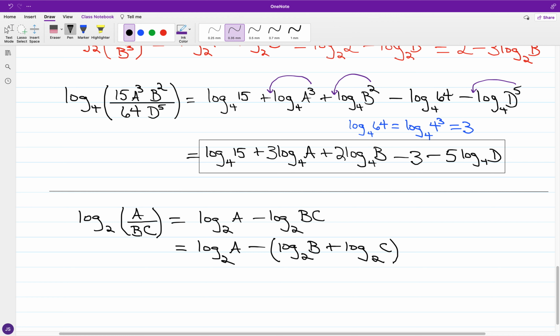And because that term is in the denominator, you're still going to be distributing subtraction. And it still comes out to the base 2 logarithm of a minus the base 2 logarithm of b, and I still have the negative of the base 2 logarithm of c.